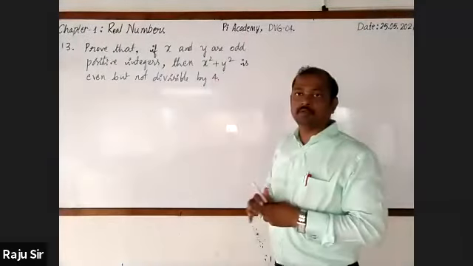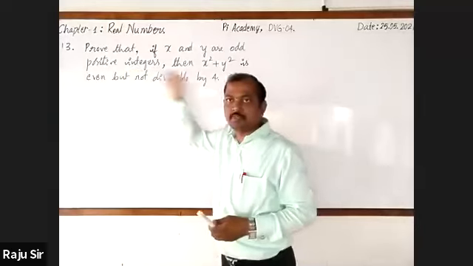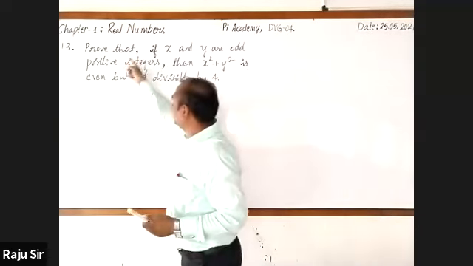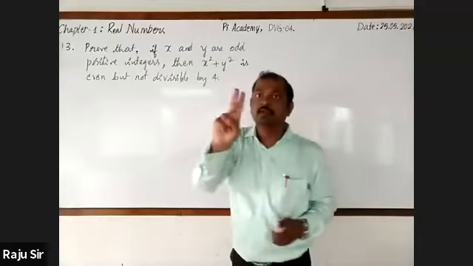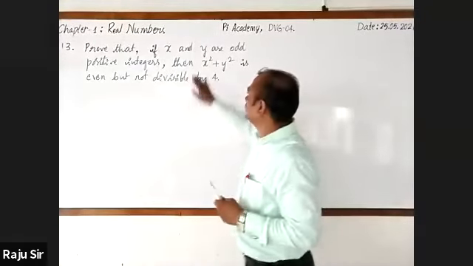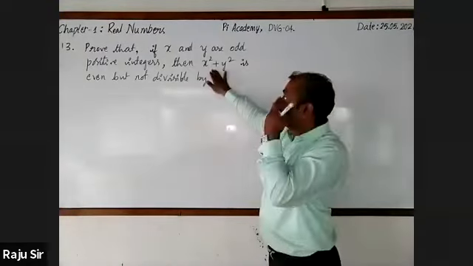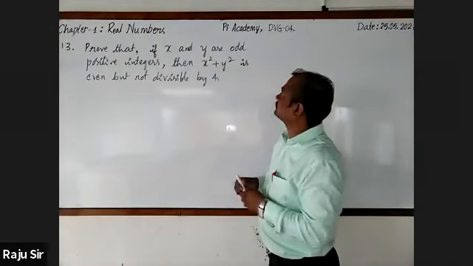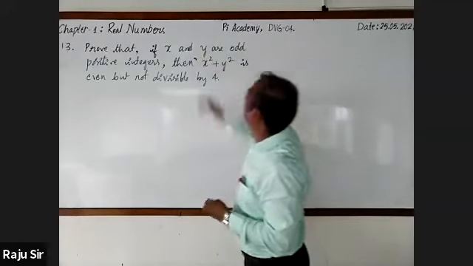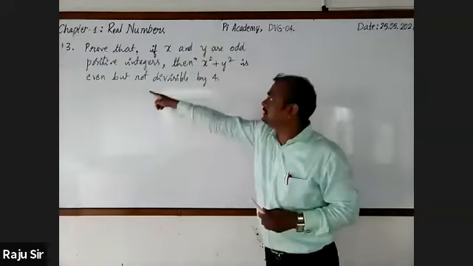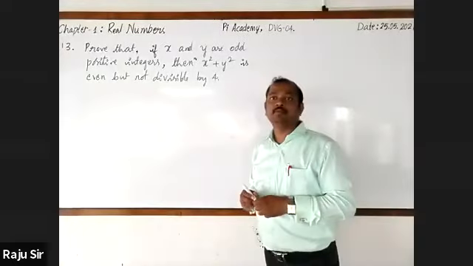Here we are going to prove it. We have to show that if x and y are two odd positive integers, then x square plus y square is even but not divisible by 4.